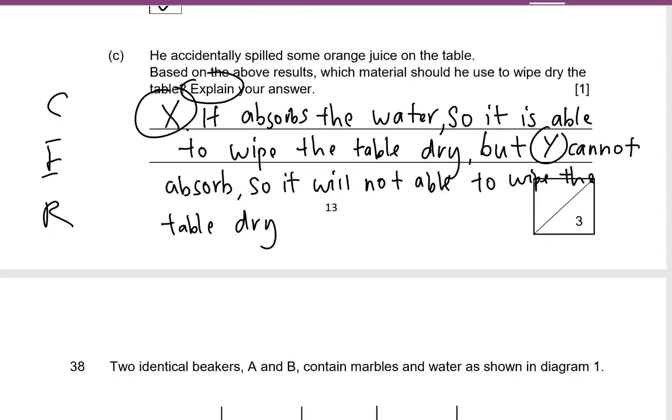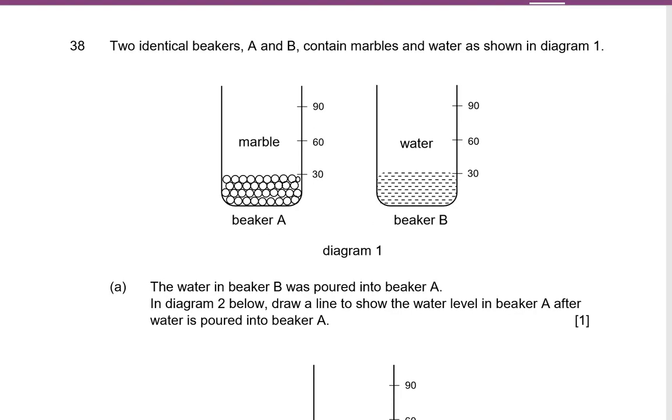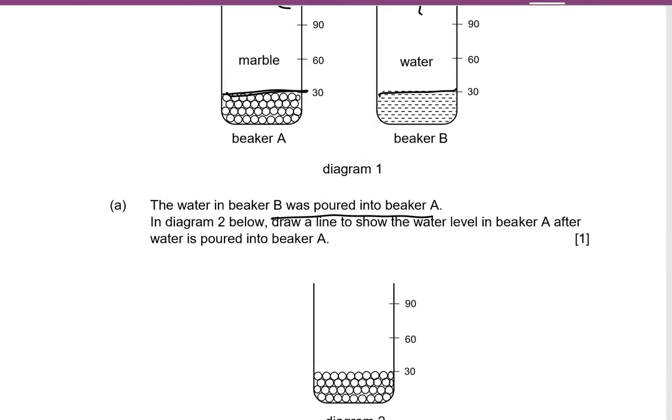Alright, that's for 37. Now 38 talks about metal. Now 30 is the volume here, 30 is the volume here, and you are going to have B poured over to A. So 30 plus 30, is it going to give you 60 in this case? Not true. Your water level is definitely going to be lower than 60.